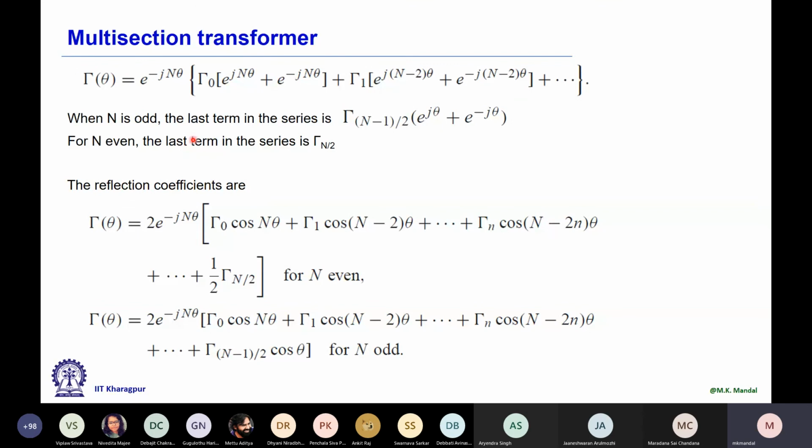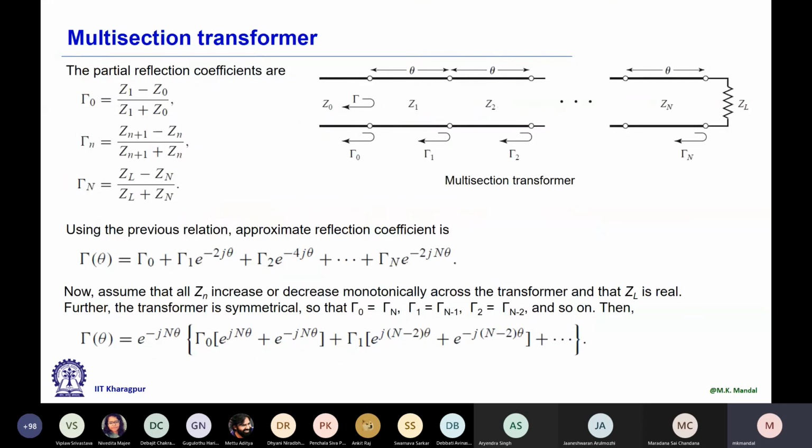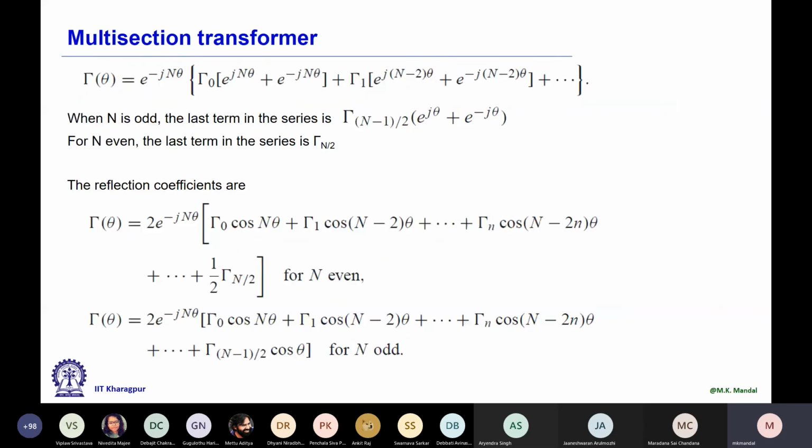Now when n is odd, we started from 1, and the last term we see is gamma (n minus 1) by 2 times e to the power j theta plus e to the power minus j theta. But when n is even, then the last term is gamma n by 2.